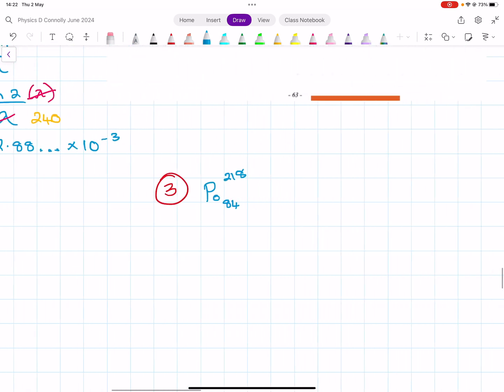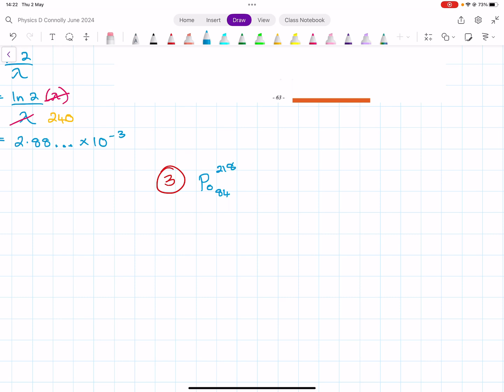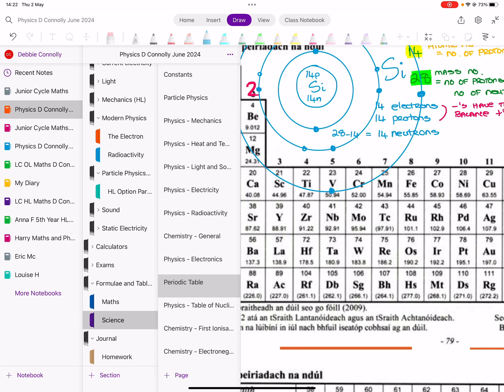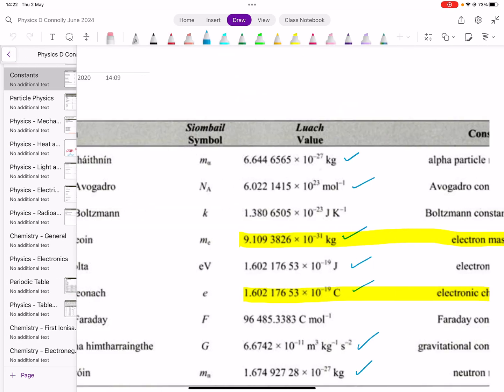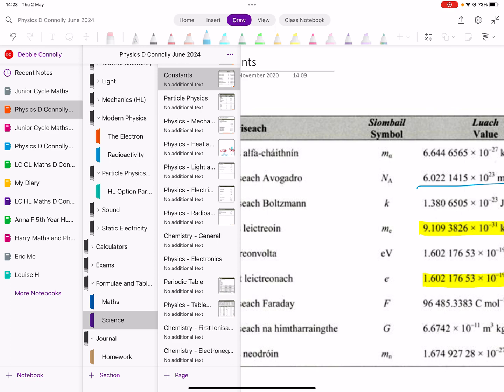So the second question that I kind of did on the video: the mass number in grams contains Avogadro's number of atoms. Avogadro's number isn't technically on the course, so you will have to be given it. I'm just putting it into my calculator so I have it.